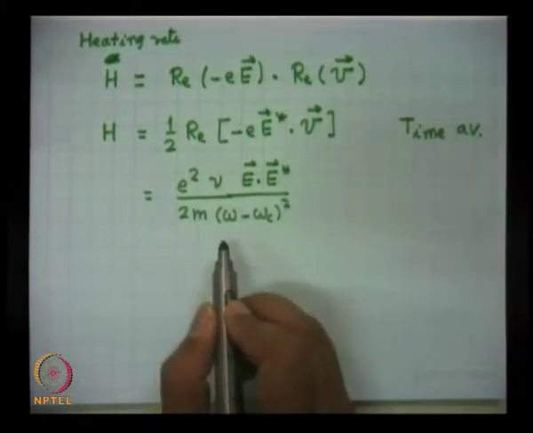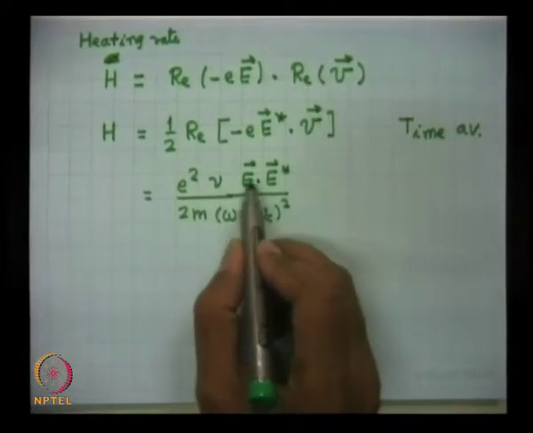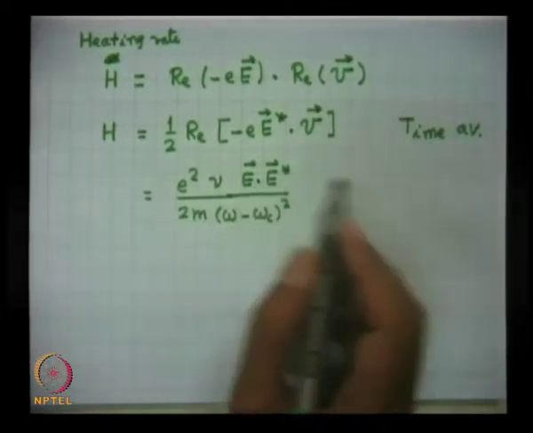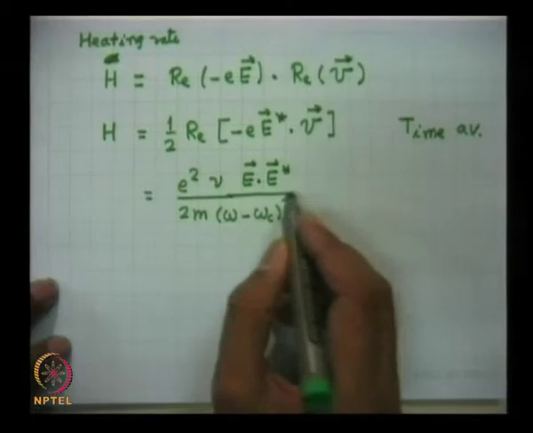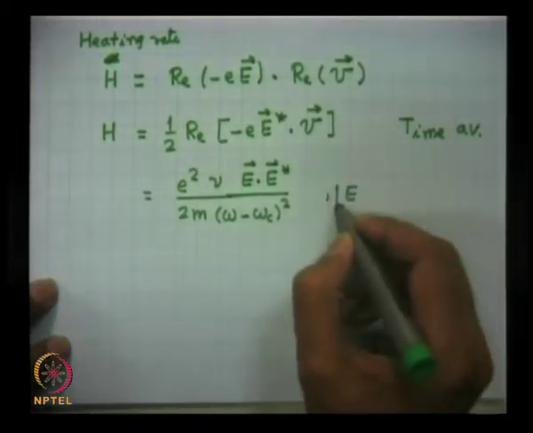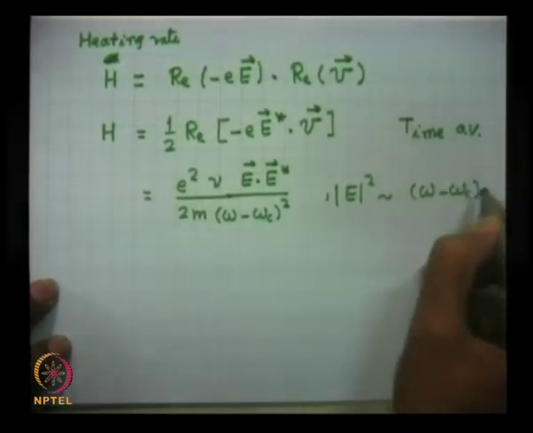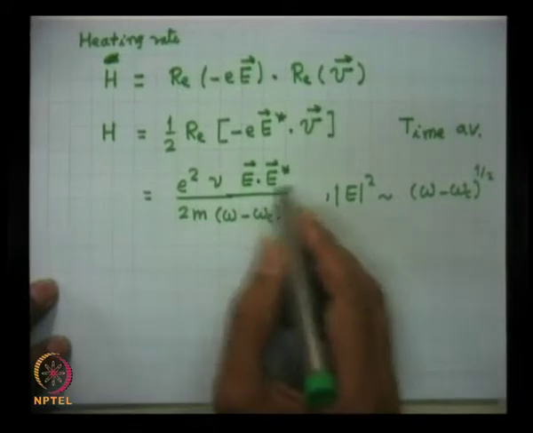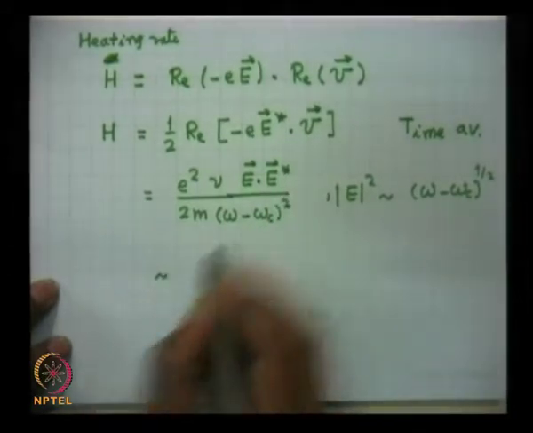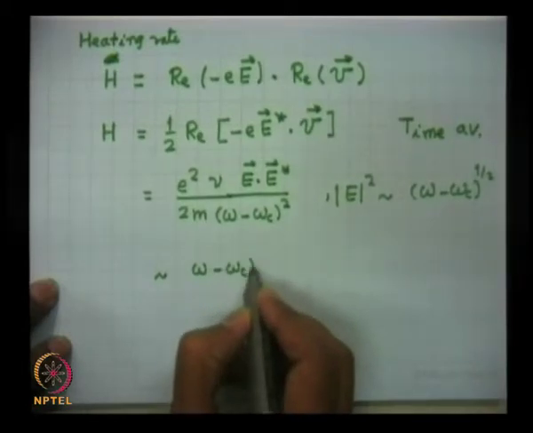Though as ω approaches ωc, E decreases, as we had just seen, E* or modulus E squared goes as (ω − ωc) to the power half. So, when I put this in here, this entire quantity goes as (ω − ωc) to the power minus 3/2.